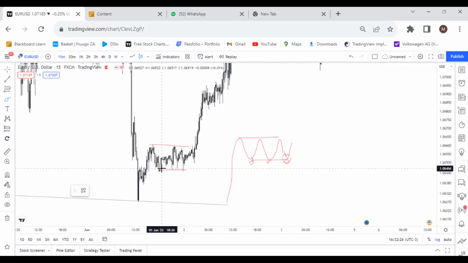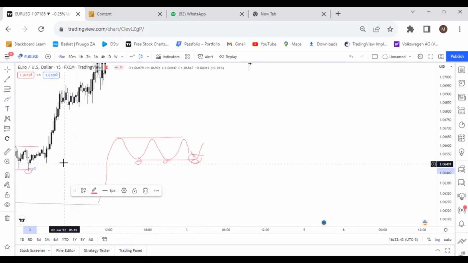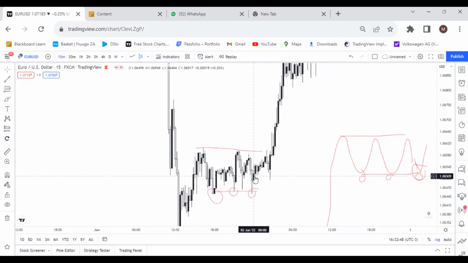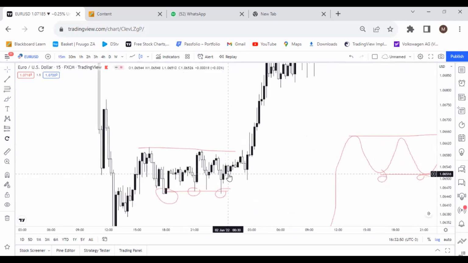You can see here this is our first touch, this is our second touch, and this is our third touch. We had the nice long wicks, and right after the reversal we had a bullish candlestick, followed by another bullish candlestick right here. So we had two bullish candlesticks, which confirm that the price has indeed reversed.